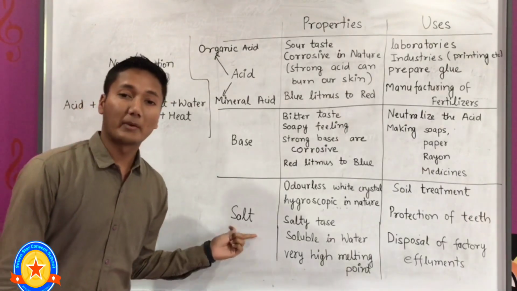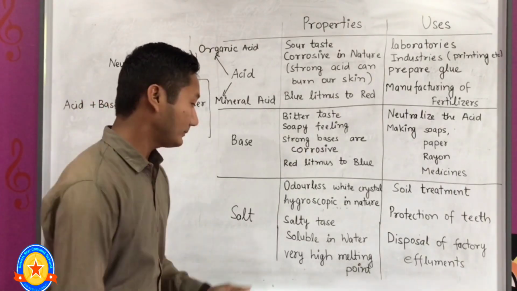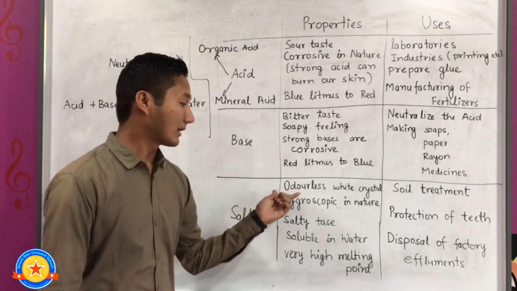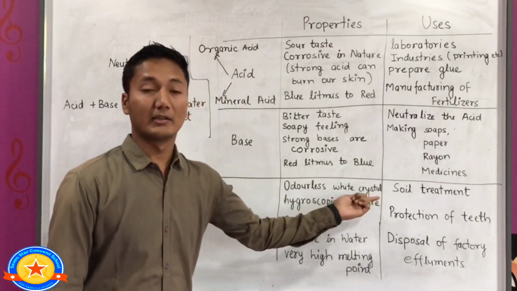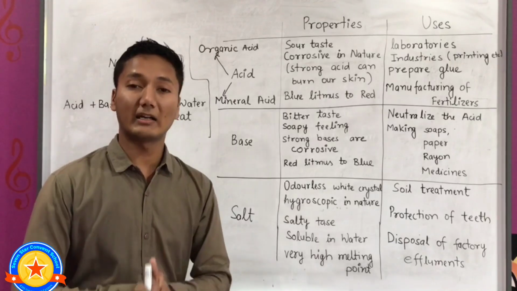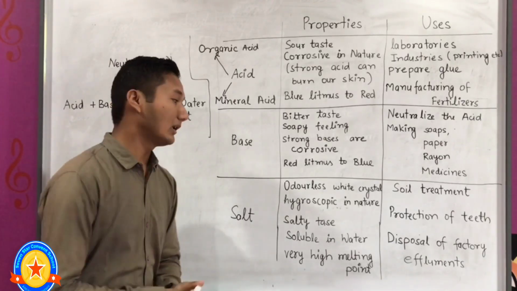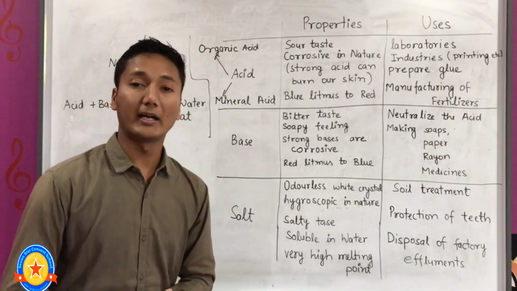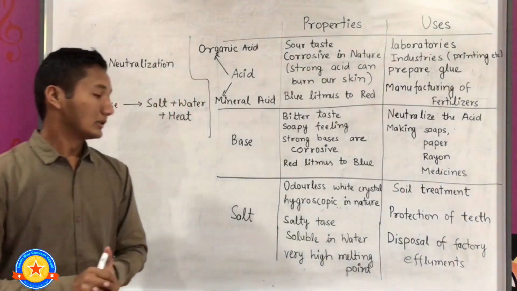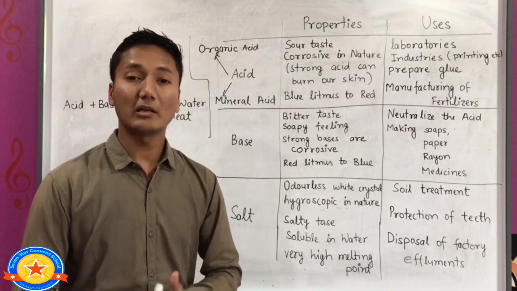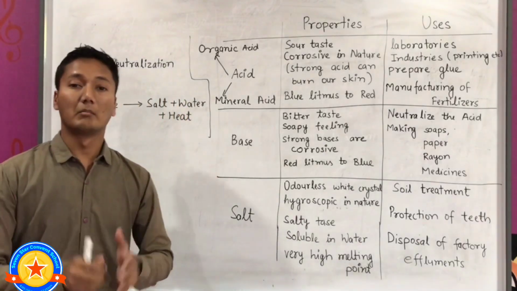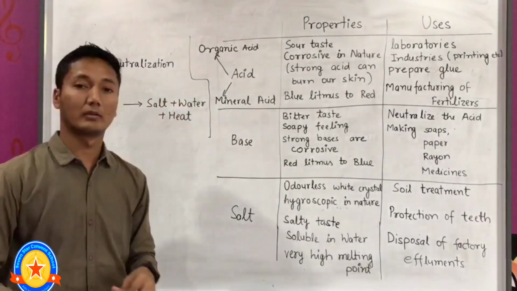Now we see the properties of salt. Salt is a substance which is odorless white crystals. That means salt doesn't have any smell and it looks like white crystals. Salt is also hygroscopic in nature. That means it can absorb moisture from the air.